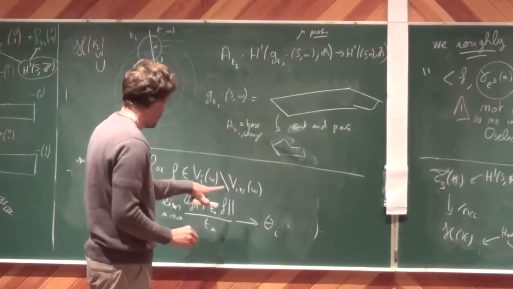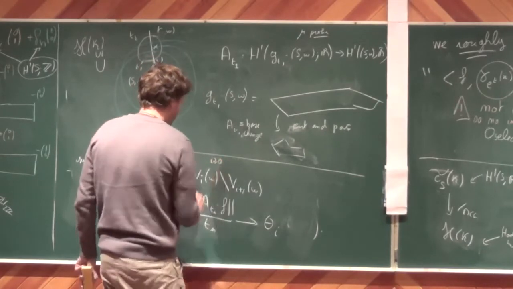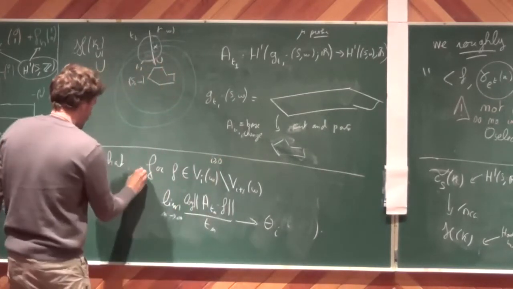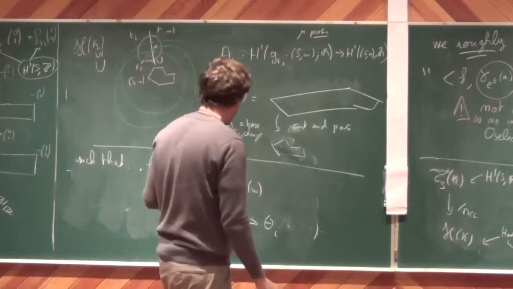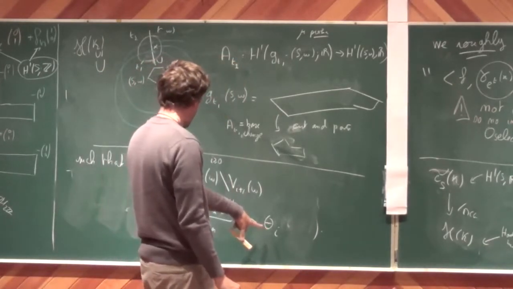And so this is for positive i. For negative i, you go to minus theta i.